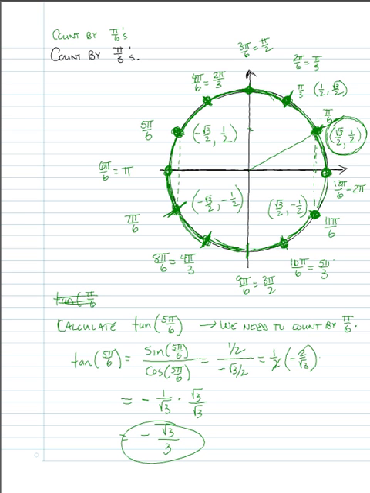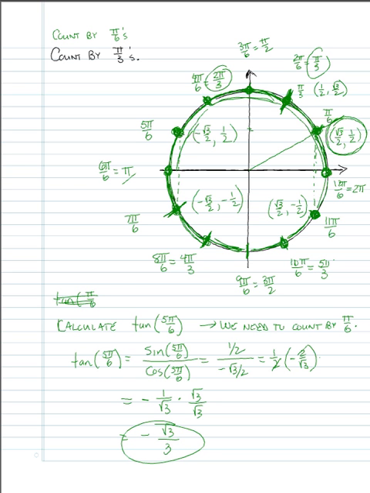Now, notice in this process here, what else has happened? Here we have pi over 3. This is 1 pi over 3, and so that's going from here to here. Now, if we go pi over 3 again, that puts us over to here, and that's 2 pi over 3. And if we go pi over 3 again, that puts us here, which is 3 pi over 3, which is the same thing as pi.